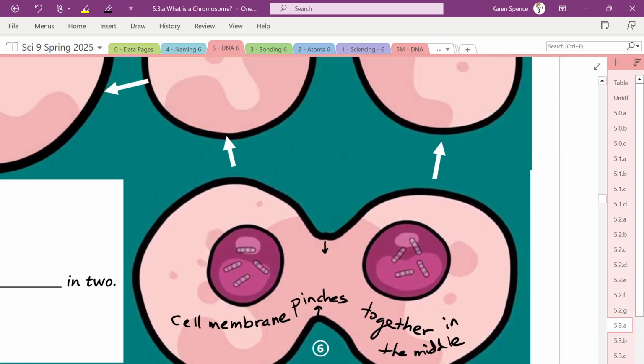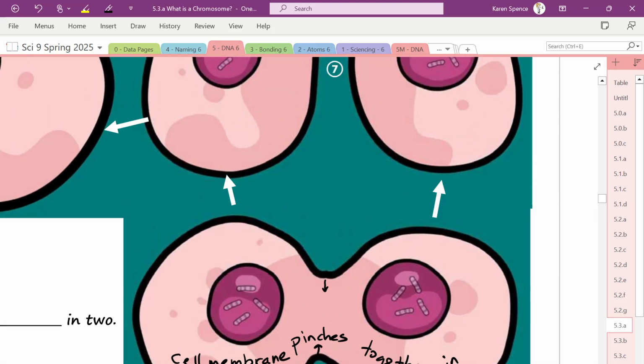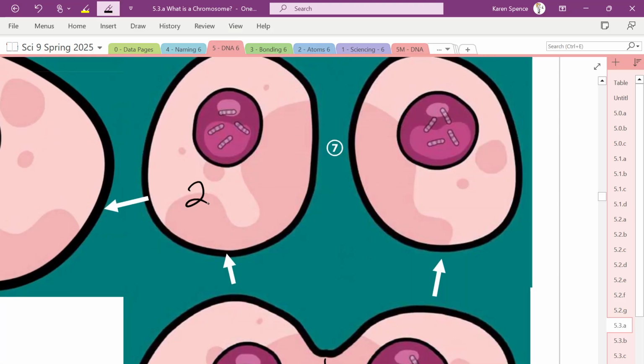And guess what we get? Bam! Two new cells.